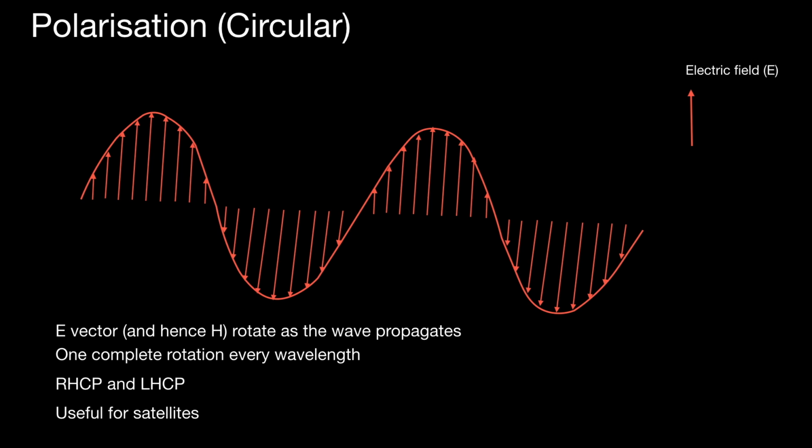Therefore it's difficult to decide what sort of antenna to point at the satellite for the best reception. But if you have a circular polarized antenna, that obviates that problem.